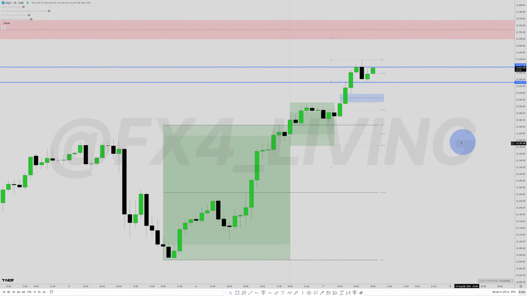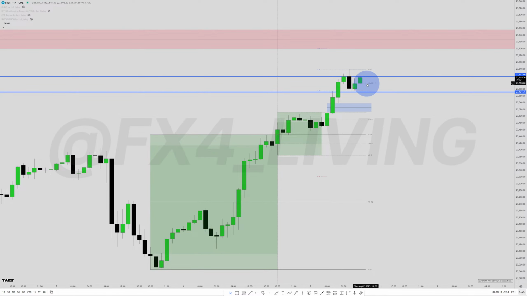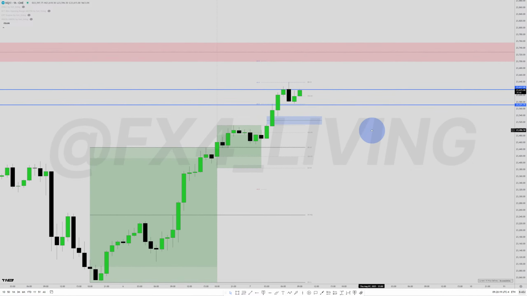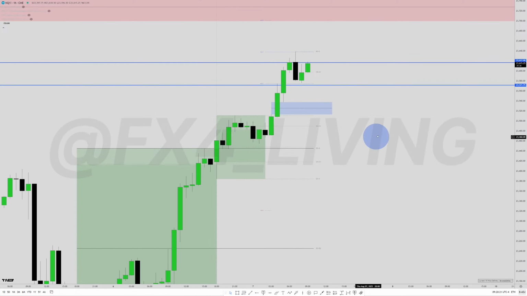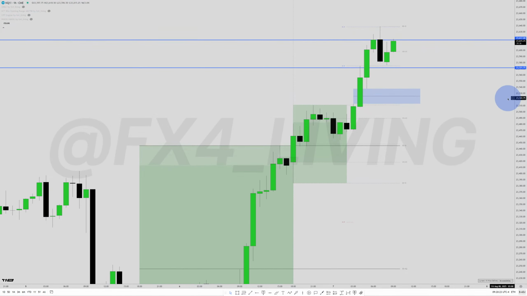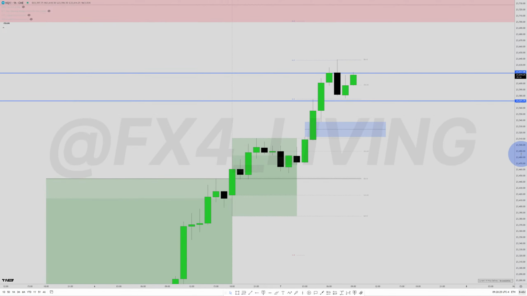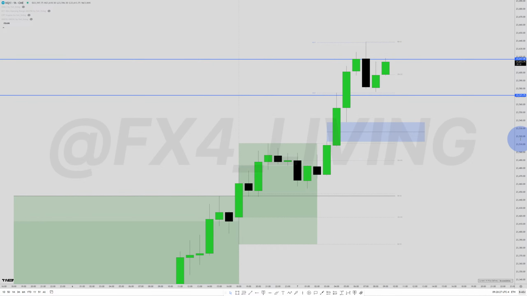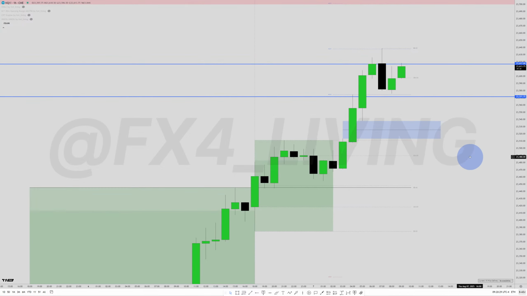But if I get the opportunity, the return for that buy side imbalance right there on the 1 hour, that'd be nice. That would be great. So as it is right now, I'm gonna keep it like this. We got the market open in like 10 minutes.